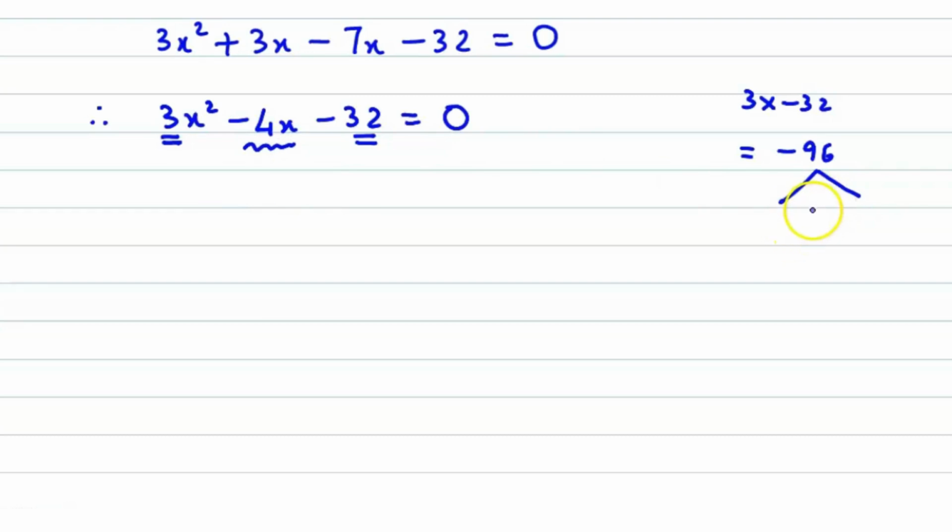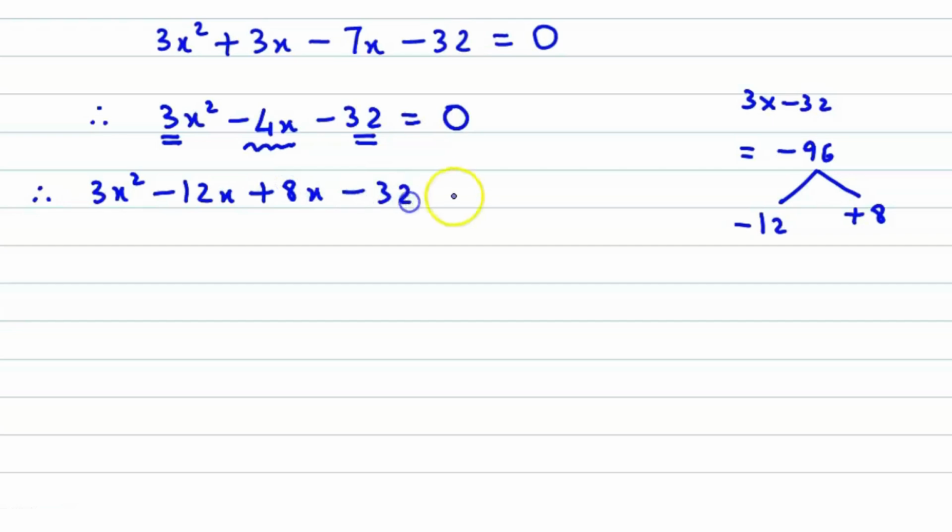So 12 and 8, those are the 2 factors, right? So minus 12 and positive 8. And if we add the 2, we get minus 4. So we factorize this as 3x square minus 12x plus 8x minus 32 equal to 0.